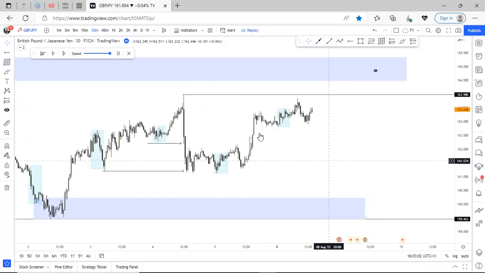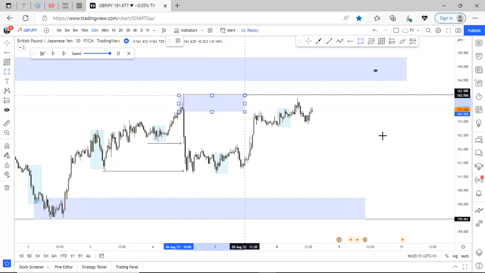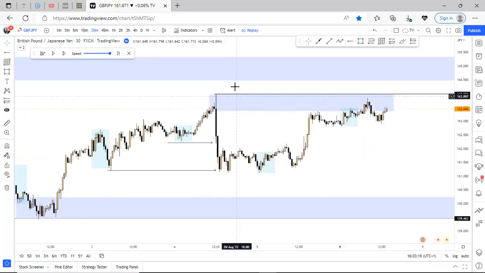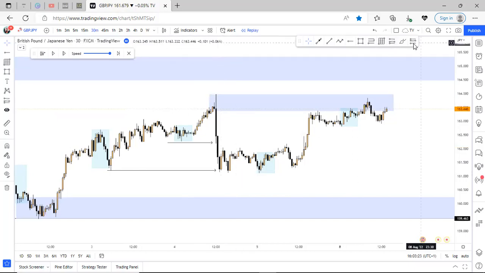So since we have this break of structure now, we are looking for a sell trade. All we need to do is to wait for price to return back into this supply zone. And as you can see, market left behind a supply zone right here. Just right there, there's this supply zone where we can now actually take our sell trade from, okay?